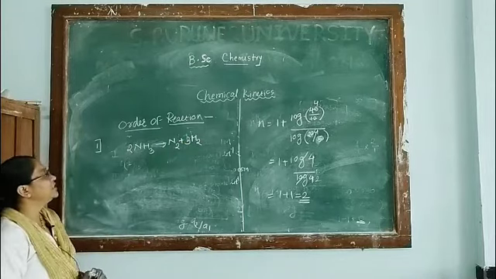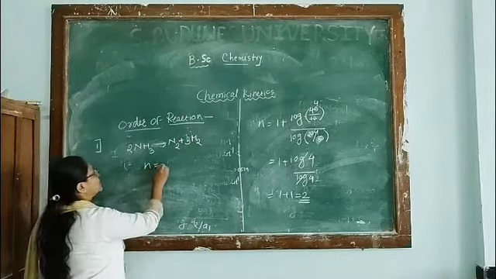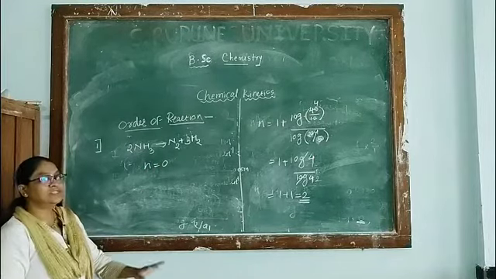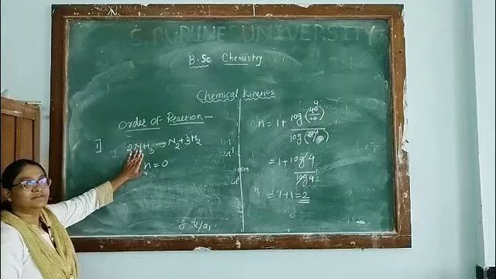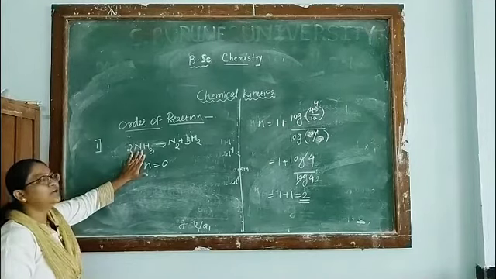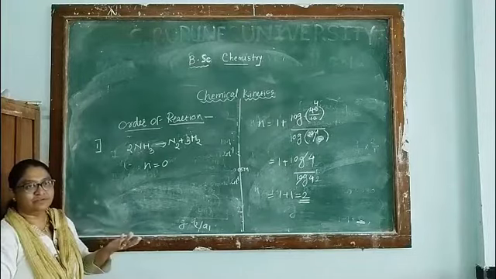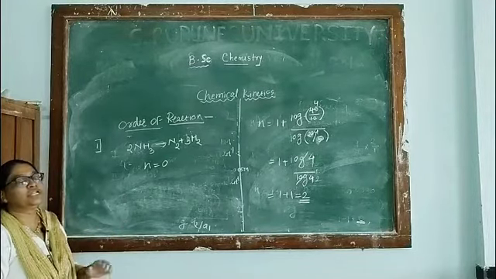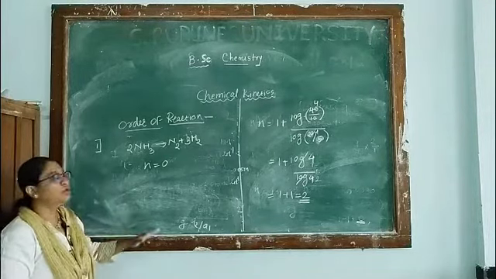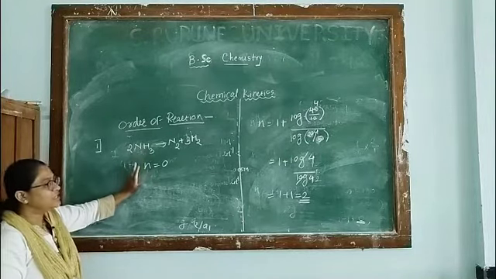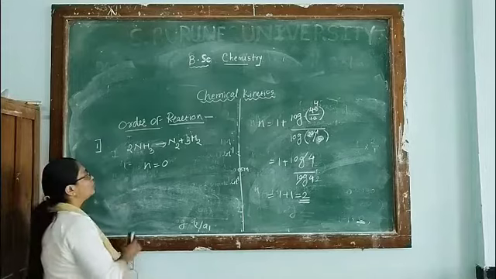Now in this reaction, the order of the reaction is 0. What does it mean? This means that the concentration of ammonia does not affect the rate of the reaction. That means the rate of reaction does not depend on the concentration of ammonia which is present in the reaction. Next time we will see some more problems.